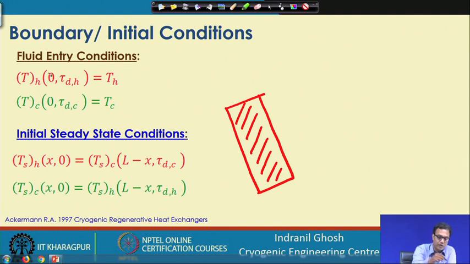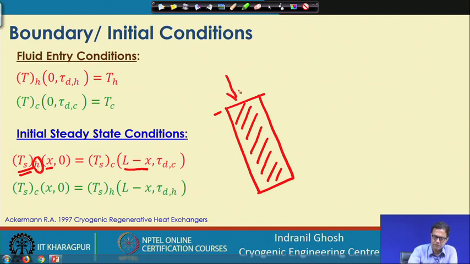Earlier we talked about x equals to L, but now we are talking about L minus x. So, here at a location x for this hot fluid stream, the temperature is the same as what it was in the previous cycle at the same location.